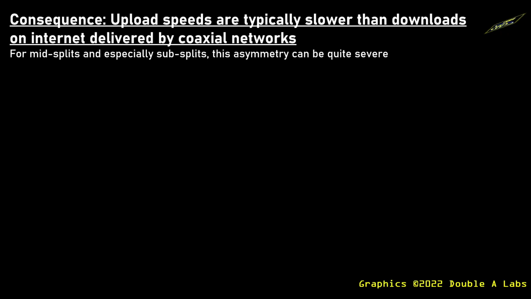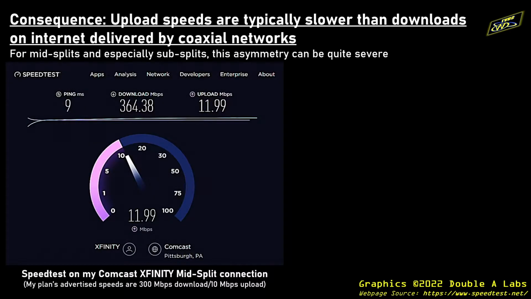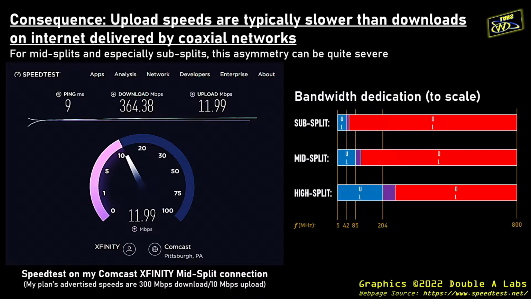And for mid-splits, and especially sub-splits, this asymmetry can be quite severe. For example, on my Comcast mid-split, I get about 300 down and 10 up, which are the advertised speeds. And if you look at the bandwidth dedication to scale, you can see why that is.